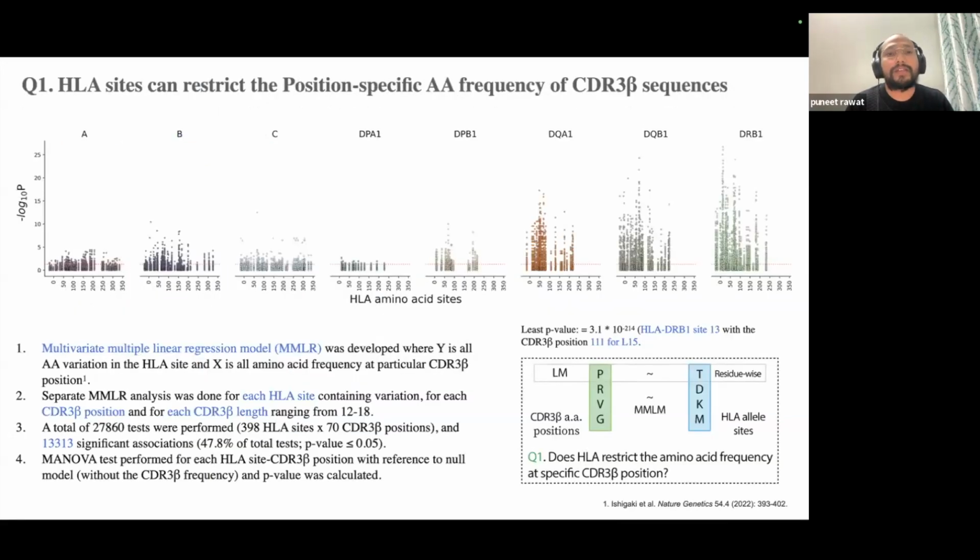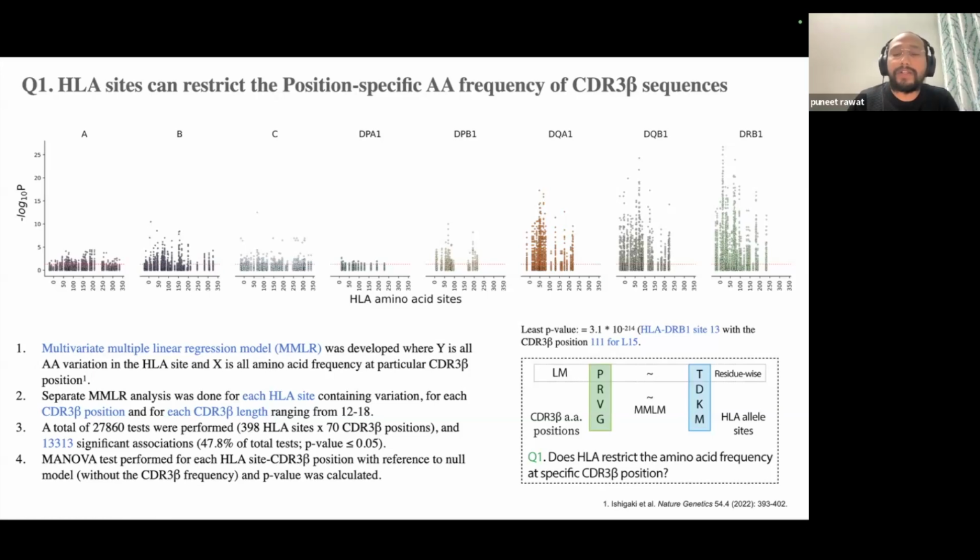This is one of the analyses that Ishigaki did in their work, where they took the control repertoires and figured out how variations in the HLA can impact your CDR3 frequencies.